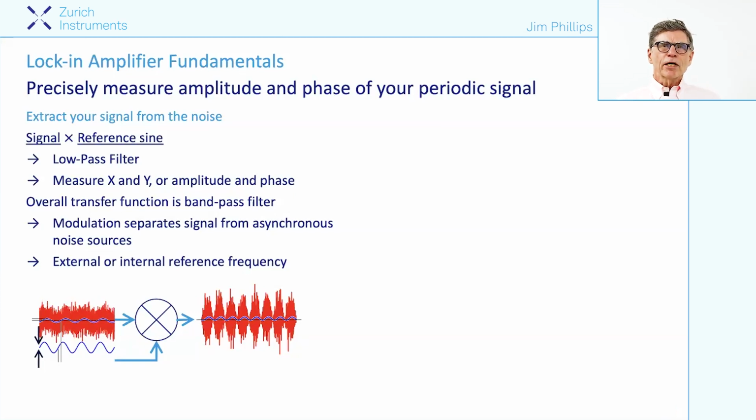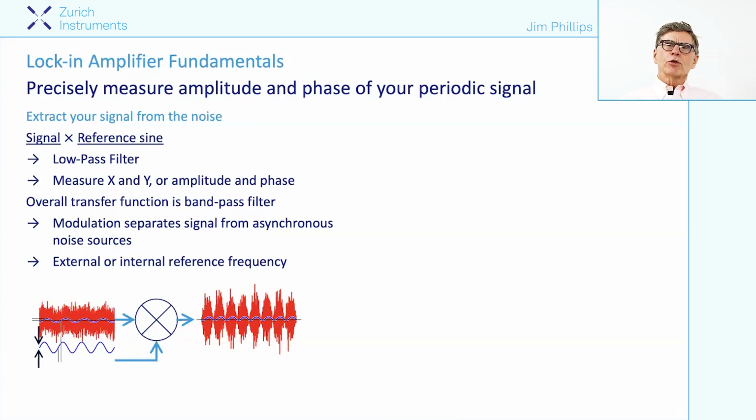What the lock-in amplifier does is it takes that reference and makes a nearly perfect digital copy inside. These are fully digital lock-in amplifiers, and it multiplies them with a nearly perfect digital multiplier. Now, when you multiply sines at F1 and F2, you get F1 plus F2 and F1 minus F2 in the result.